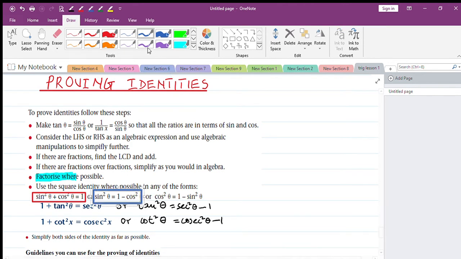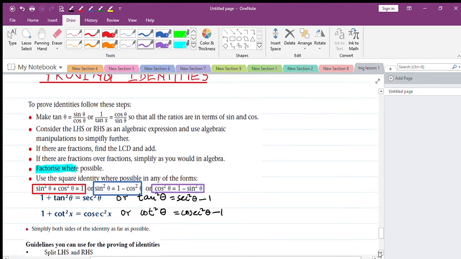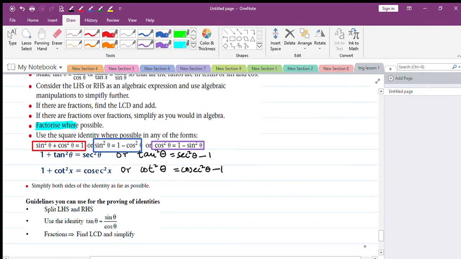If you don't want to use that one, you can also use the fact that cos squared theta is equal to 1 minus sine squared theta. And further than that is extra stuff that you may need to use here: split the left hand side and right hand side, and if they are fractions, find the LCD and simplify.